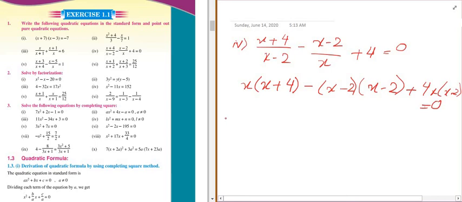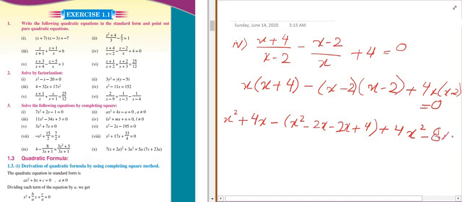We get x square plus 4x minus x square minus 2x minus 2x plus 4 plus 4x square minus 8x equals to 0.